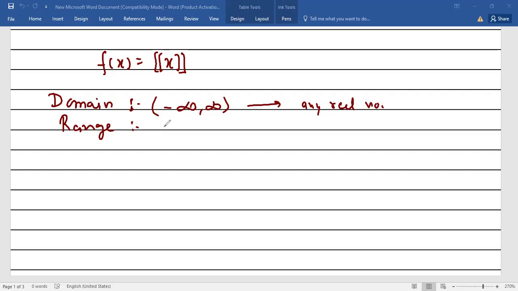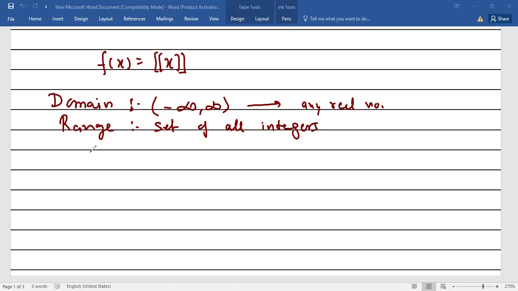So we cannot write minus infinity to infinity. We will write its range as the set of all integers.